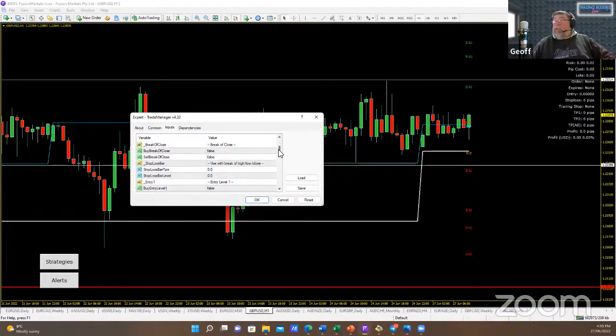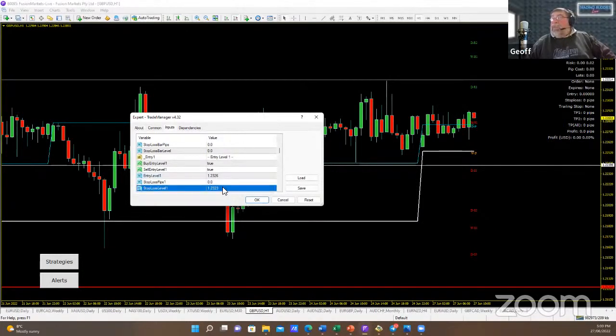Then go down to buy at entry level 1, change that from false to true, and put in the value. So we're going to buy at, obviously that was a sell before, the entry level 1.2326.